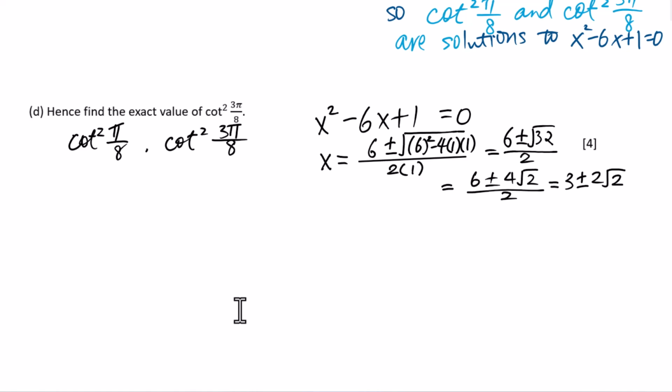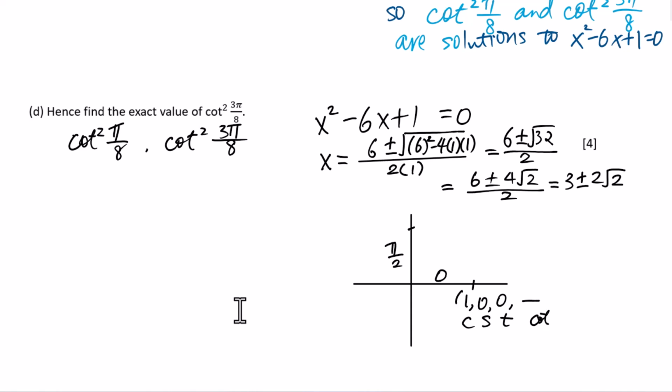Let's talk about this unit circle. Since pi over 8 and 3 pi over 8 are both in the first quadrant, we got cotangent 0 equals undefined. For angle pi over 2, cotangent pi over 2 equals 0.